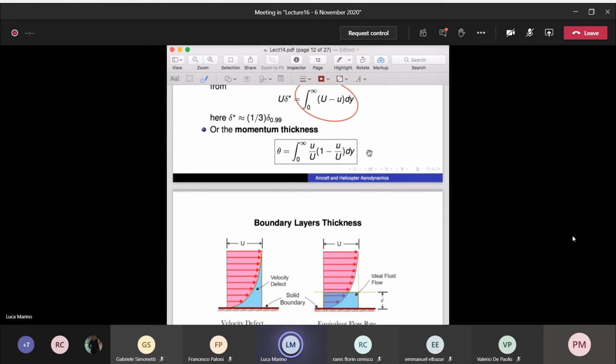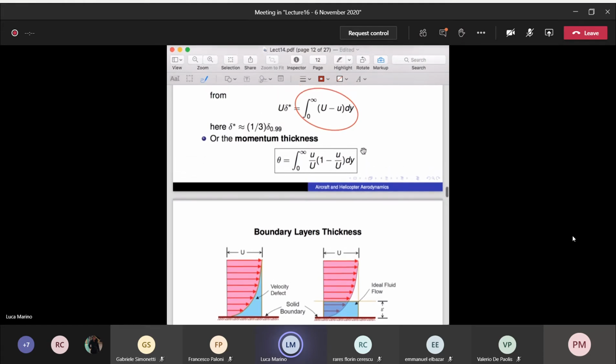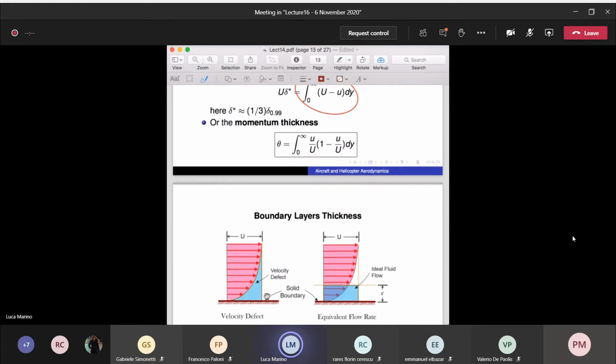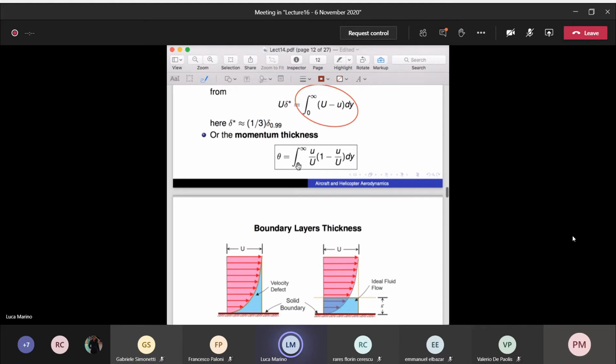Following the same physical concept, if you measure the change in momentum here without a boundary layer and with a boundary layer, you will have a difference. And again, this difference is measured with this integral here and is proportional to this quantity.